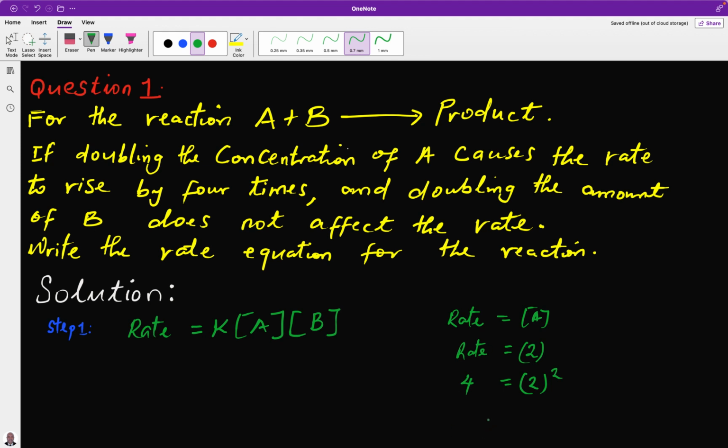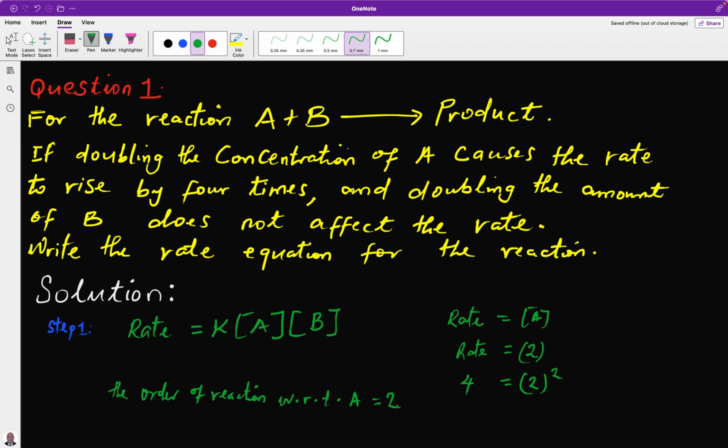Therefore, the order of reaction with respect to A is equal to 2.